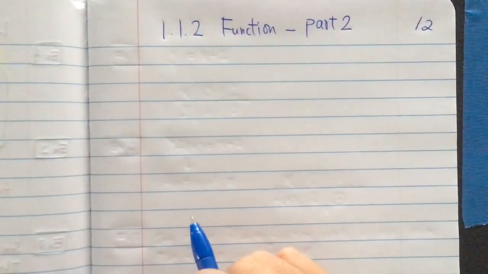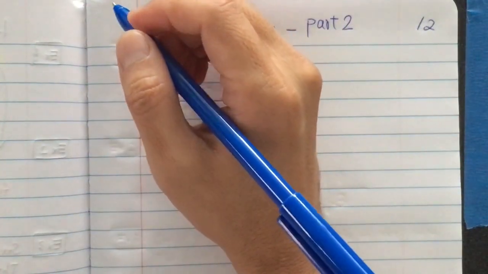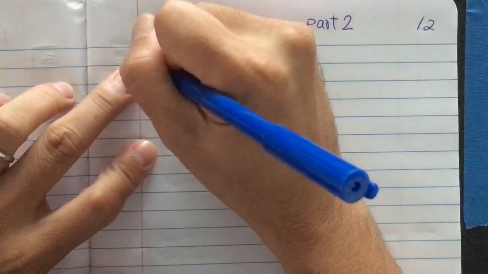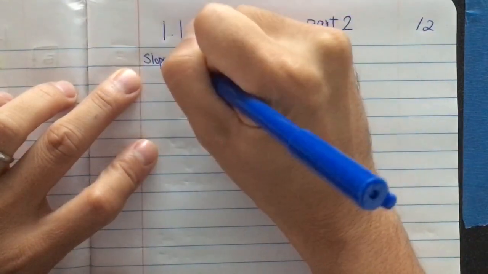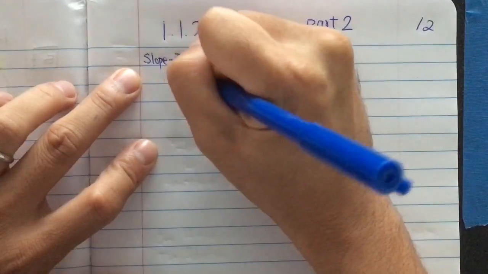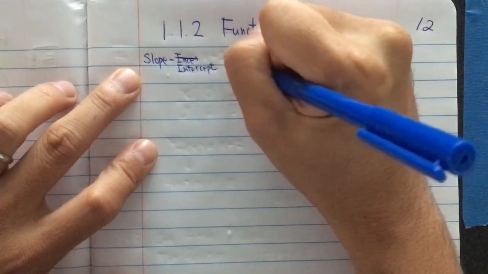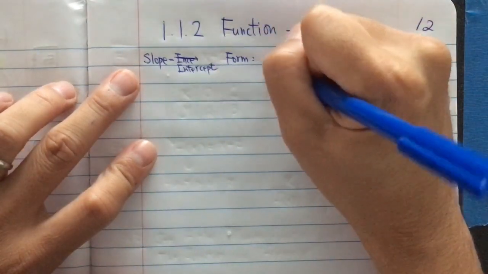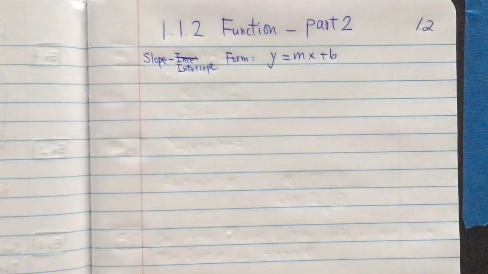Okay, so first, now I would like to introduce the slope-intercept form. Do you remember what slope-intercept form is? That means y = mx + b.